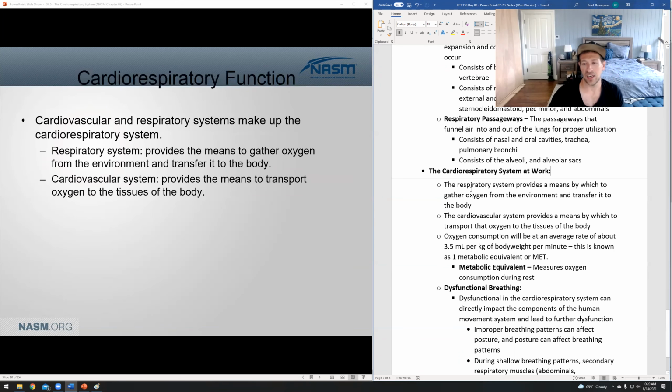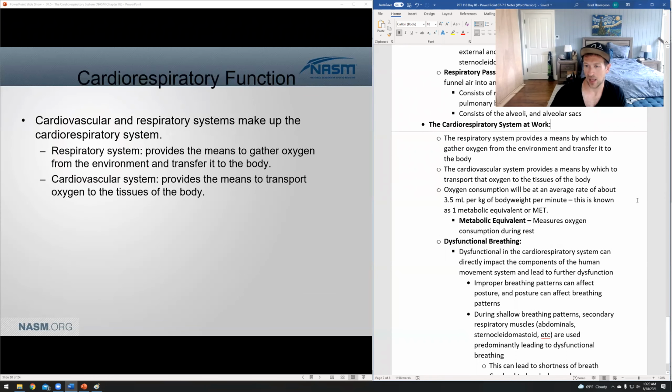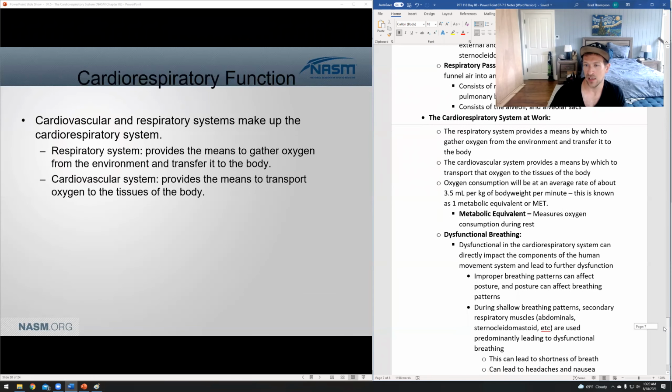So your cardiovascular system works very intimately with your respiratory system. That's why we call it the cardiorespiratory system. It's both those two coming together. And so this is providing a means by which to gather oxygen from the environment, that's the respiratory system part, and transfer it throughout the body, that's the cardiovascular part.